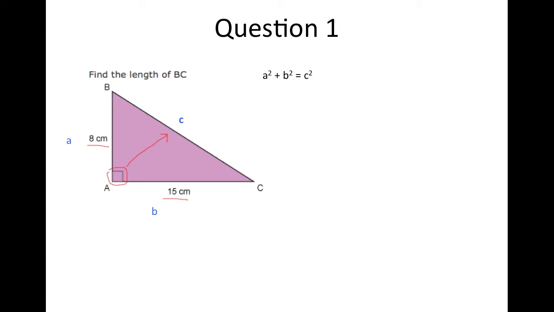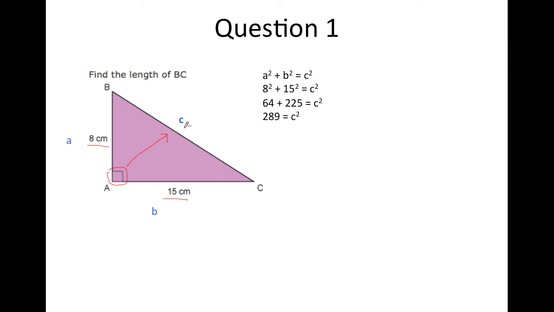So now it's a simple case of plugging in the numbers into the formula. So we have 8 squared plus 15 squared goes to make c squared. 8 squared equals 64. 15 squared equals 225. Add them together, you get 289. Now this is where some students get mixed up.